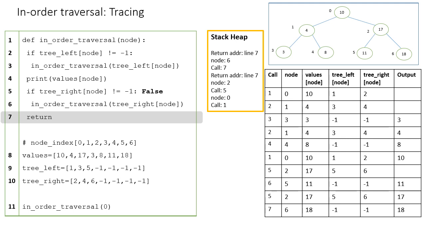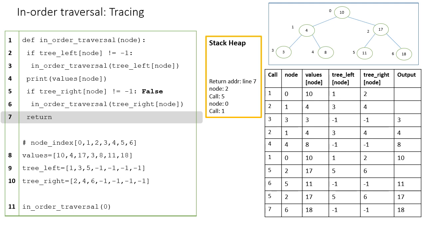We return from call 7 back to call 5, and we return directly back from call 5 to call 1, and then we finish with call 1 as well. And at this point then the program terminates.